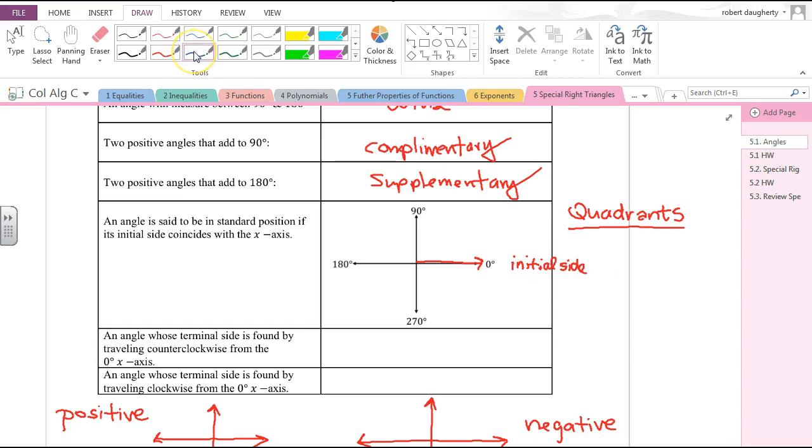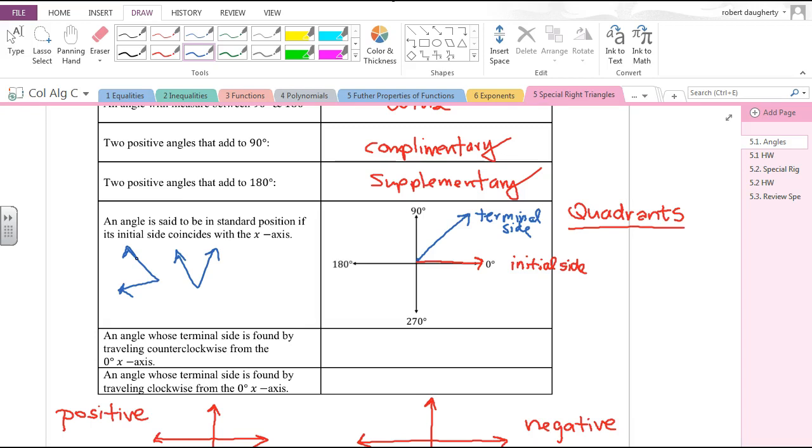And then if I draw this, this will be my terminal side. So that angle is in standard position. Now notice you could draw angles like this or like this. These angles are not in standard position. So standard position, one side is on the x-axis, and then you have another side called the terminal side.